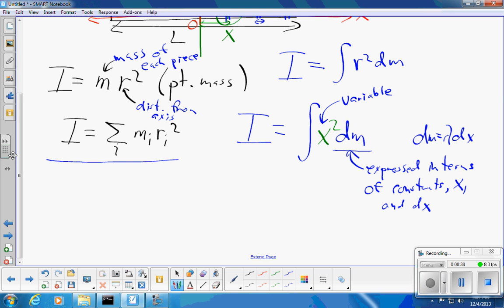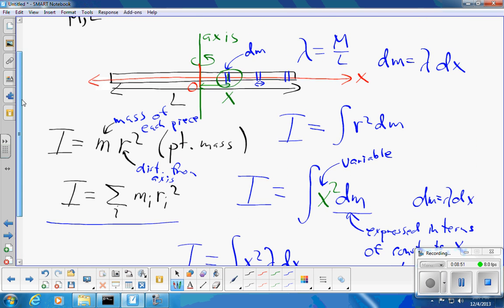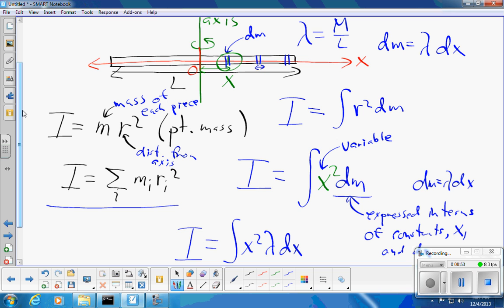So now I can sub in for dm, integral x squared, and I will sub in lambda dx. And now before I do the integral, I have to recognize this is a definite integral. It's only meaningful to integrate this, to add up these values where the mass actually exists on the x-axis. So my limits of integration are the boundaries of where this mass is, of this stick. And those boundaries are the left-hand edge of the stick and the right-hand edge of the stick.